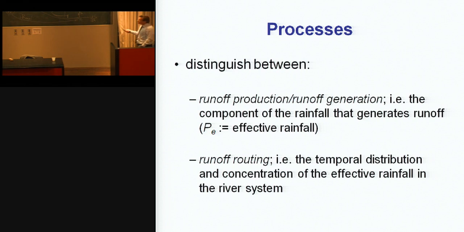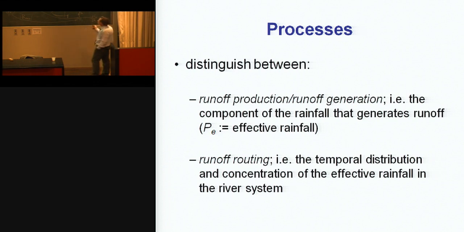While the runoff routing, that's as soon as the runoff is generated, for instance, you generate here overland flow, but this water still has to flow to this river, and from the river to the gauging station or to your city or to your irrigation scheme. And this spatial concentration of runoff, that's what we call runoff routing. This flowing together of generated runoff.